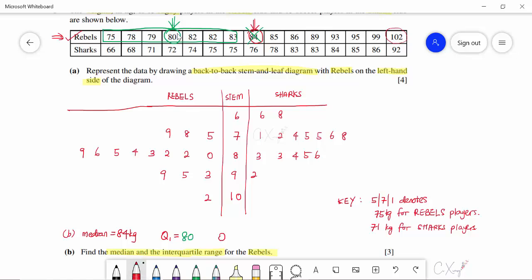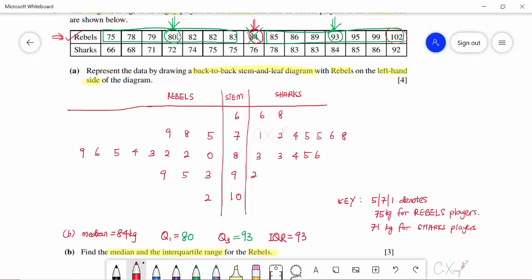Then the same thing happens for Q3. You ignore the median value and only refer to the last 7 values in the second part of your data. Where's the center actually? You can see that the center is here, nicely shown that it is 93. Once you get Q1 and Q3, you can get the value of the interquartile range, IQR.